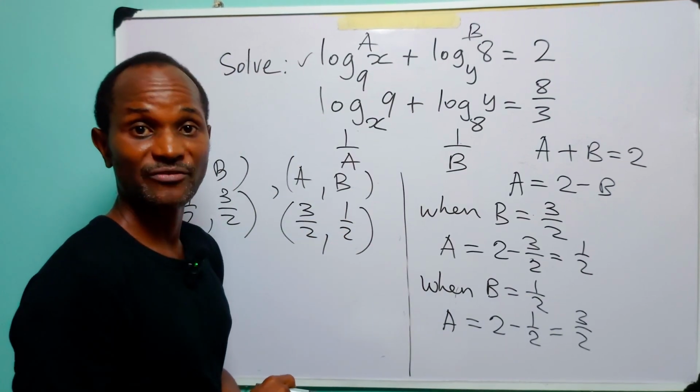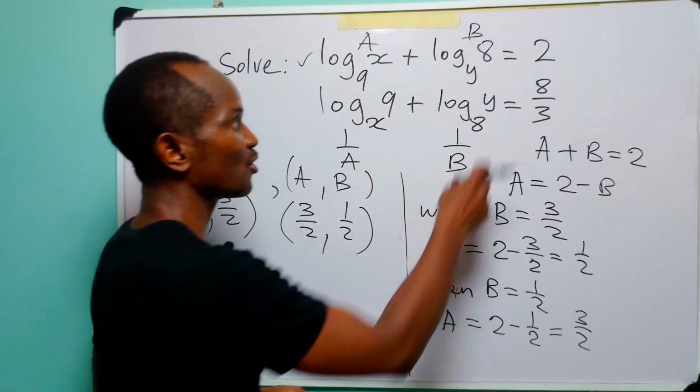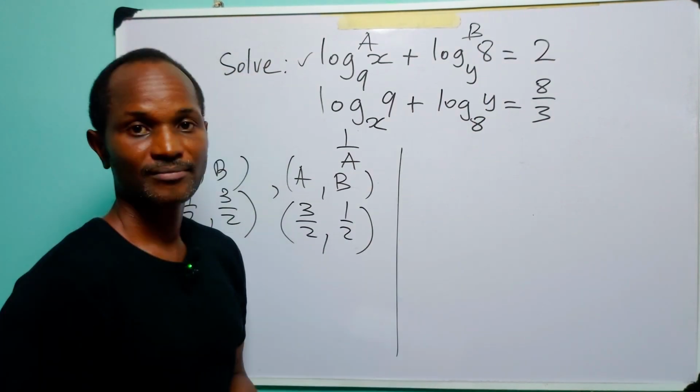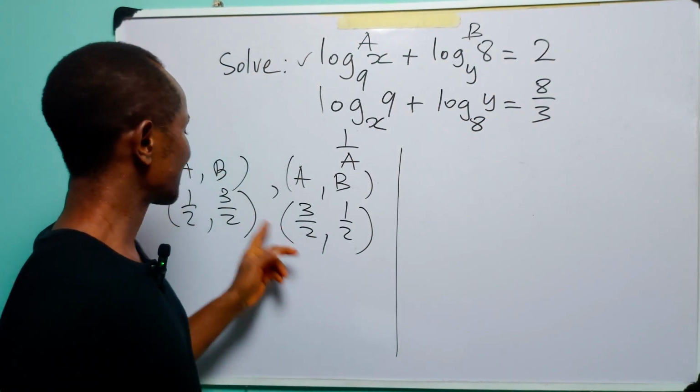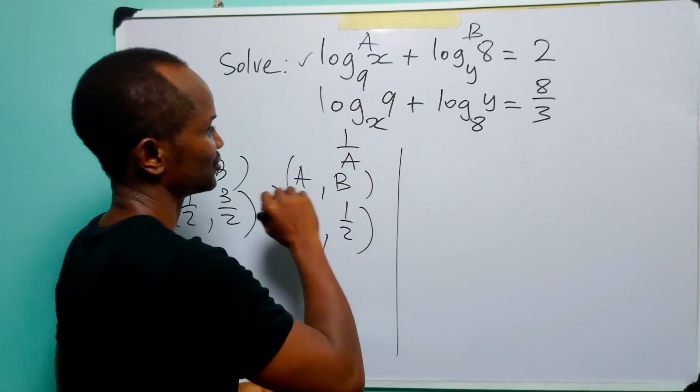Now, having found the values for a and b, the last thing we do is to go back to the substitutions that we made. So to calculate the values of x and y from these values of a and b, we go back to this substitution.